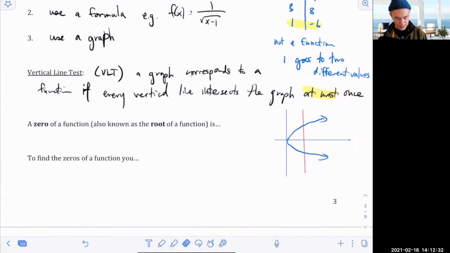Ugh, that's not vertical. So you see how it crosses at 2 points, fails vertical line test. Not a function.